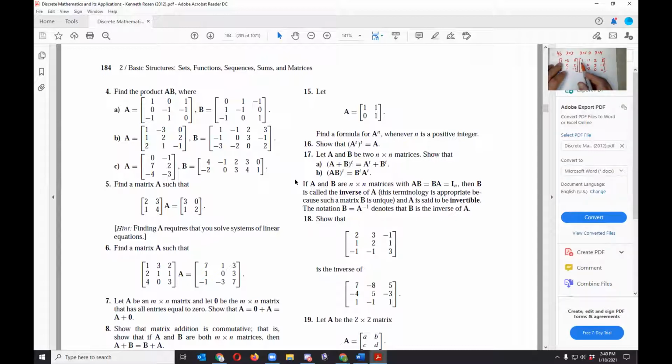Okay, so the first one is going to be 1 times 1 is going to be 1. -3 times -1 is going to be 3 plus 0. And let's go our 4 across, so it'll be -1 plus 0 plus 0, because that was 0.